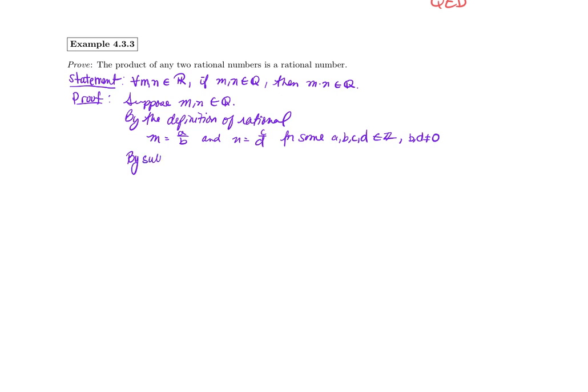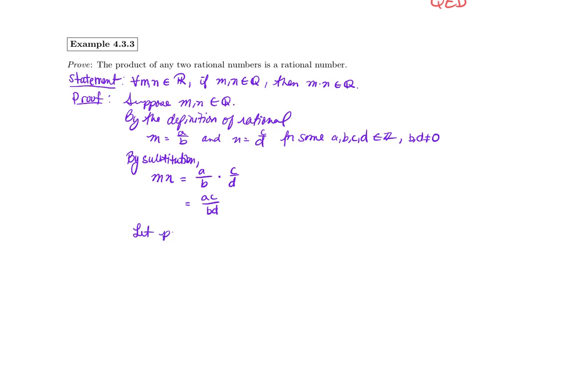So let's substitute these definitions into our conclusion to see if it is also true. So by substitution into mn, we plug in a over b times c over d. And this is a fairly straightforward operation. We end up with ac over bd.